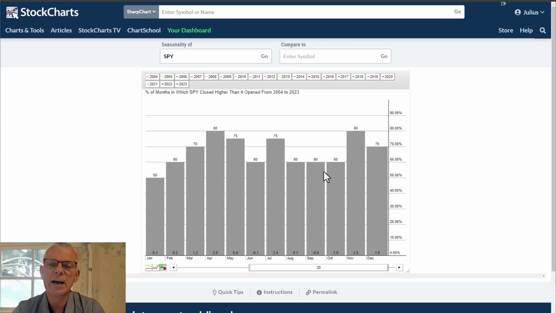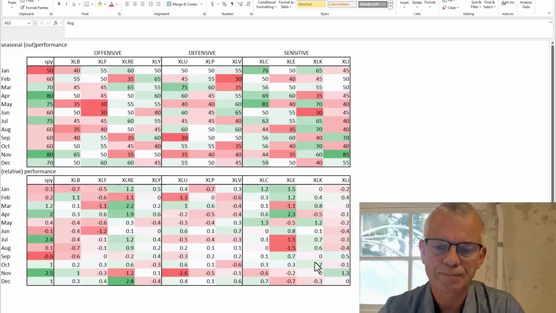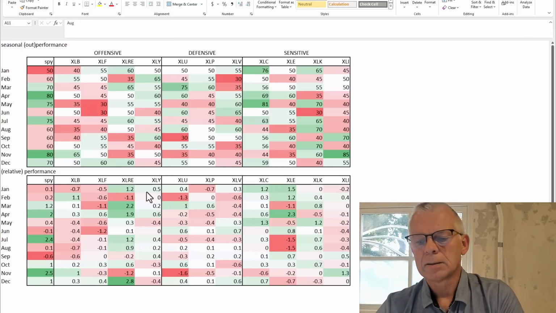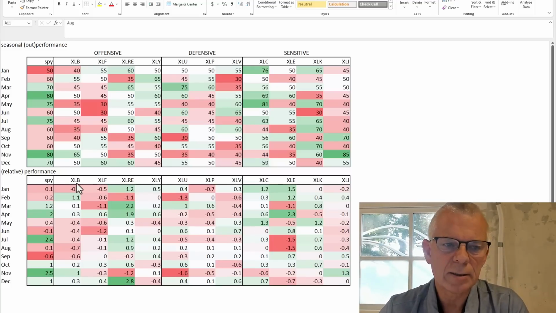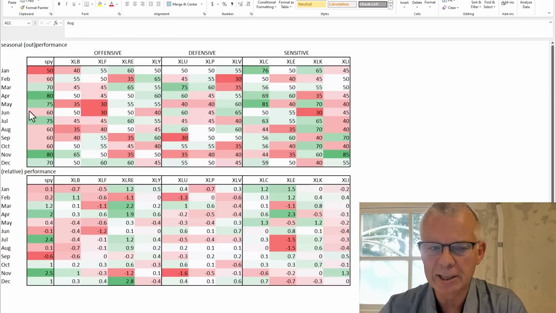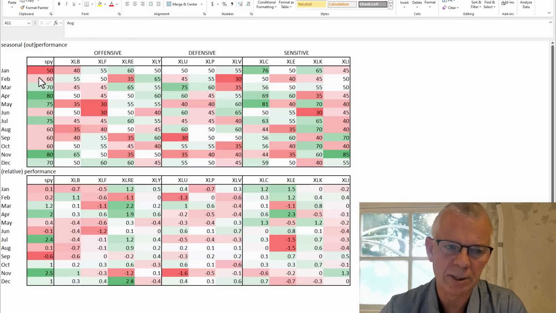Let's take a look at what that means, or what that could mean, for sectors. I'm going to bring in my seasonality spreadsheet for this occasion. These are the seasonal performances for SPY and then the sectors. Just as a recap, for SPY it is actually the seasonality, so this is in absolute price terms.